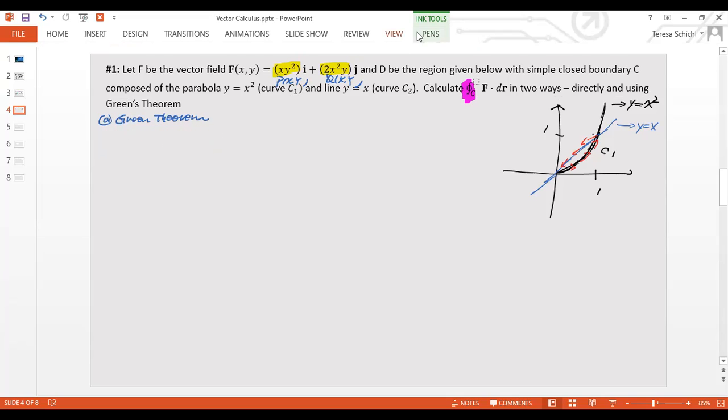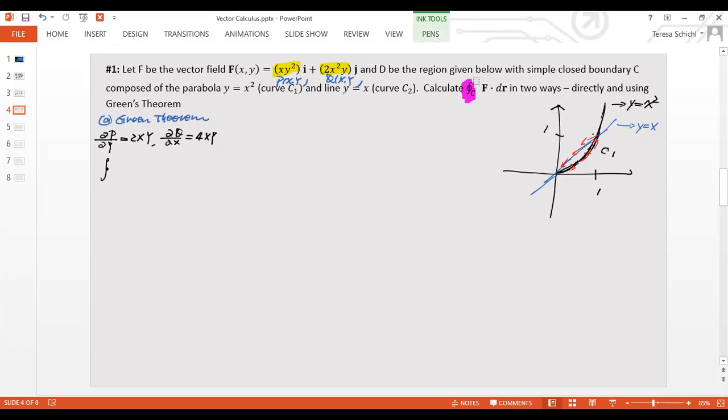The Green series tells us to take ∂Q/∂x and ∂P/∂y. So ∂P/∂y is 2xy, and ∂Q/∂x is 4xy, correct?